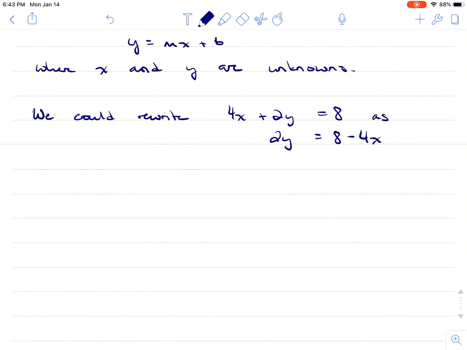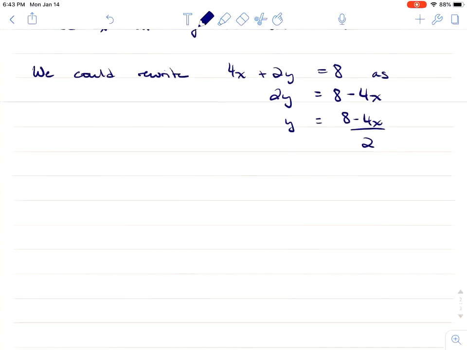Solving for y, we get y equals (8 minus 4x) over 2. 8 divided by 2 is 4, so y equals 4 minus 2x. It's not something that we have to do, but I'm just showing you that we could if we wanted to. As long as there is an x and a y, we can get them into this straight line form.